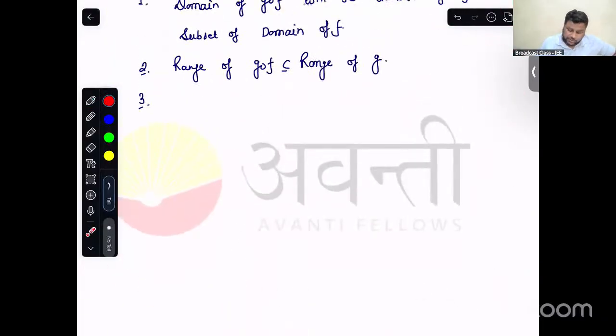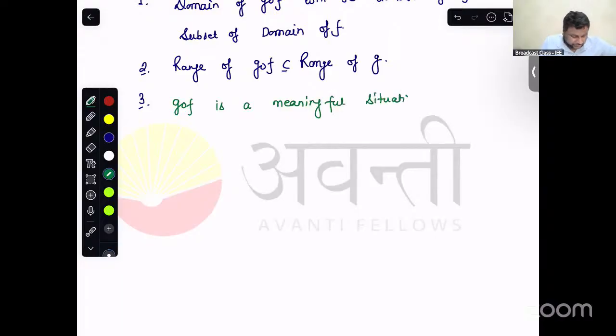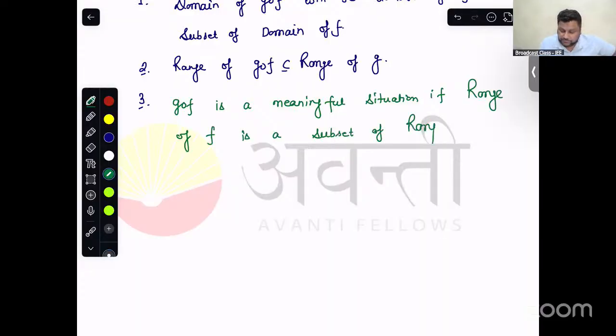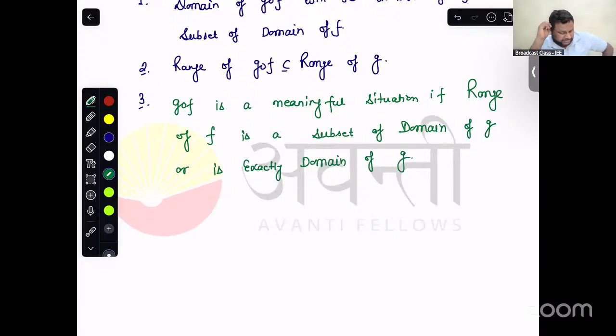Now third, gof is a meaningful situation if range of f is a subset of domain of g, or is exactly domain of g.